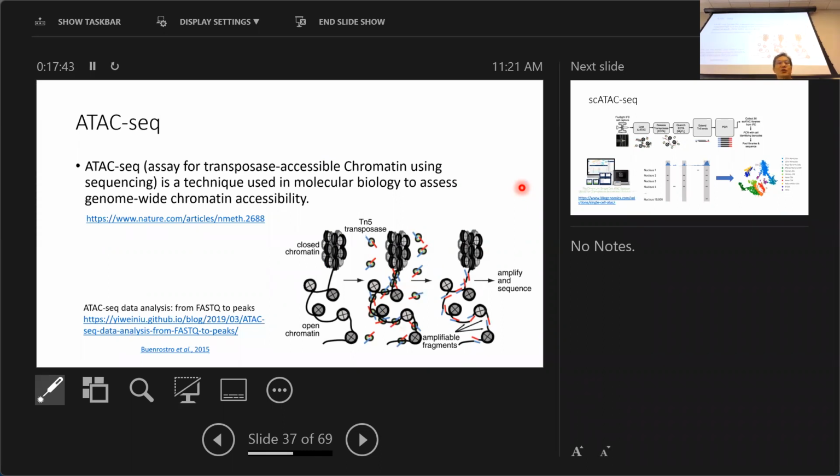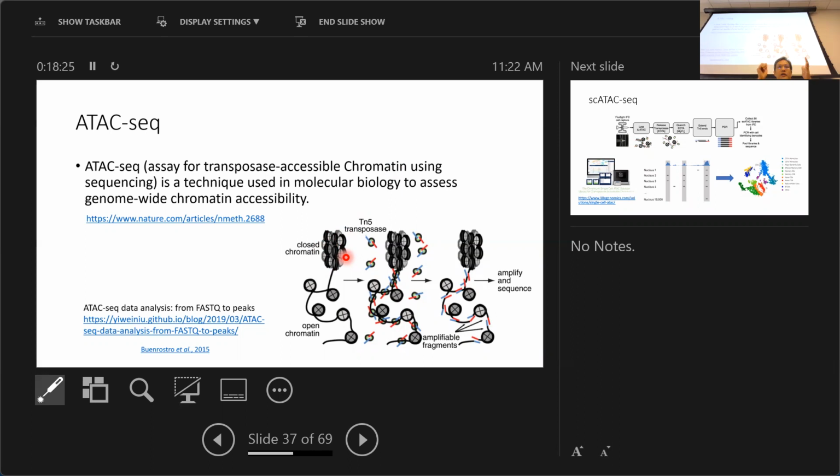So you know, for higher eukaryote organisms, you have heterochromatin structure. You have this long linear DNA on the chromosome, but some regions are highly packed. This is called closed. And in some places the DNA is more exposed to the environment. This process is dynamic.